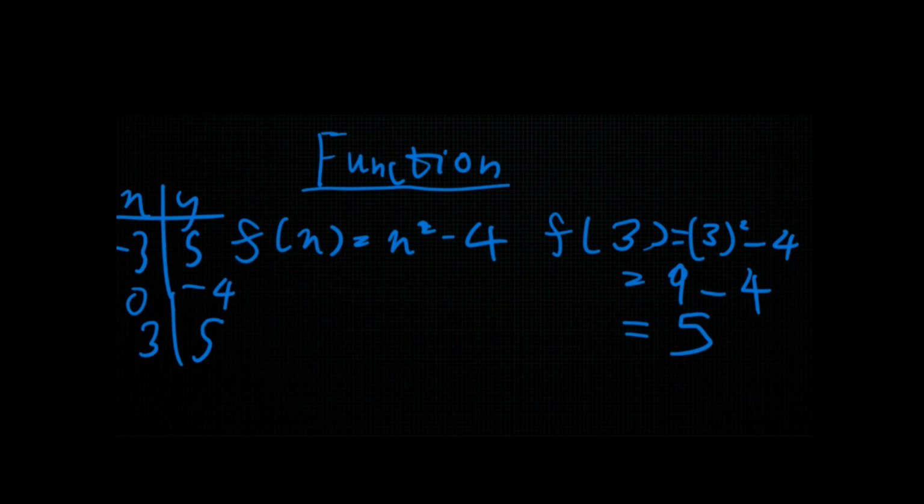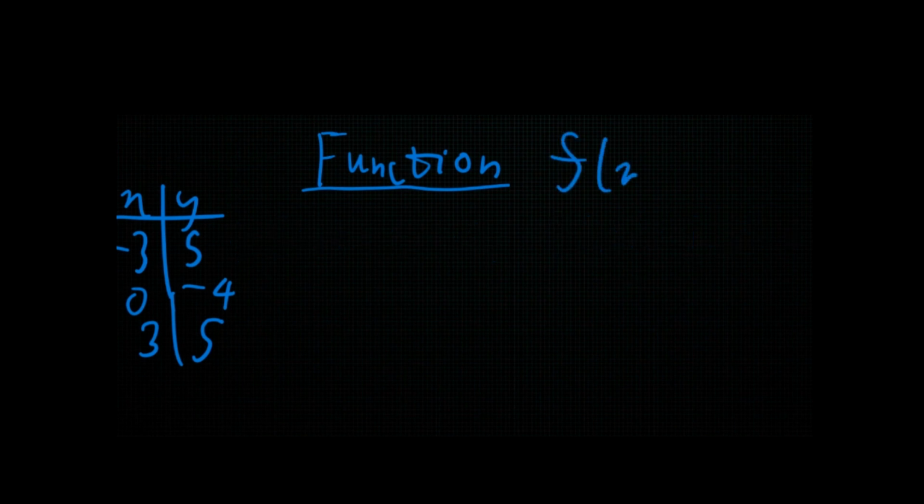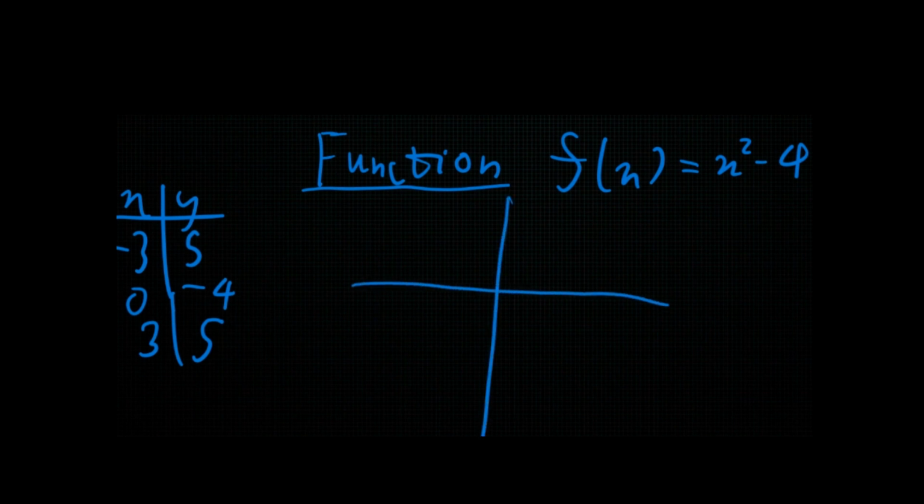So let's make the graph, shall we? The graph of f of x equals x squared minus 4 will be like this.